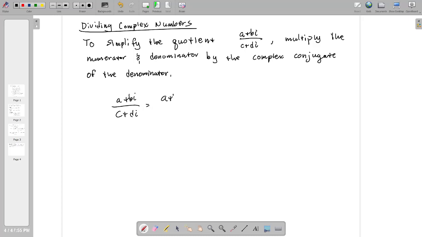So we would end up with a plus bi divided by c plus di times c minus di. Remember, the complex conjugate negates the imaginary part. The important thing is that we get a real number in the denominator.